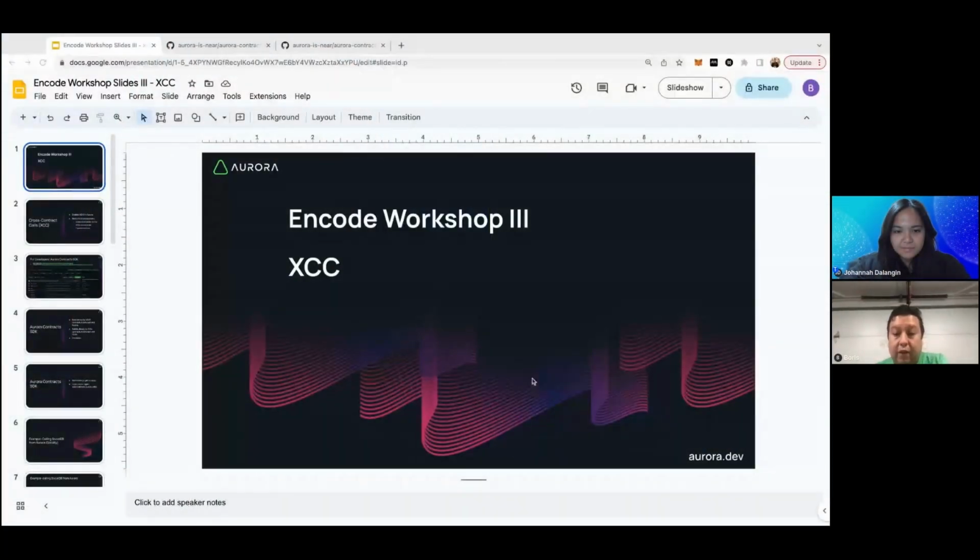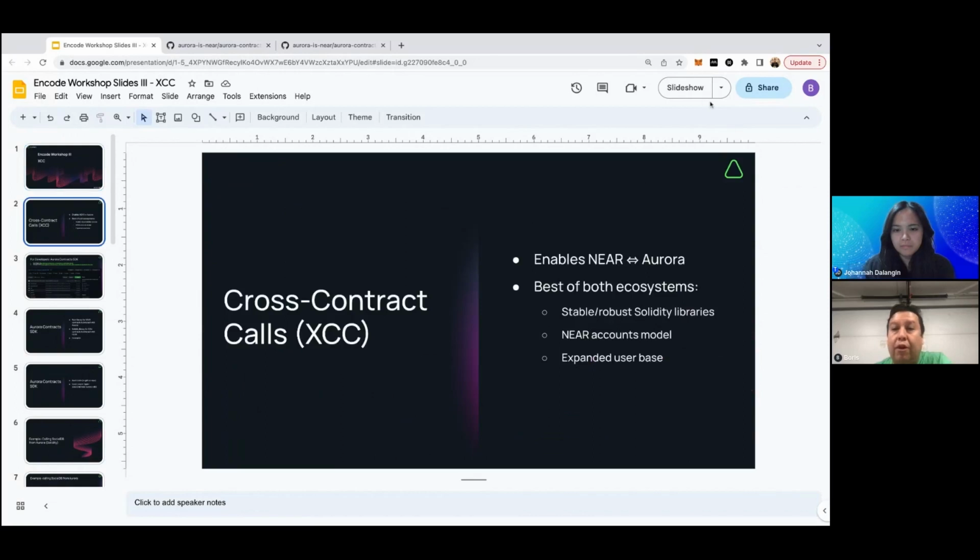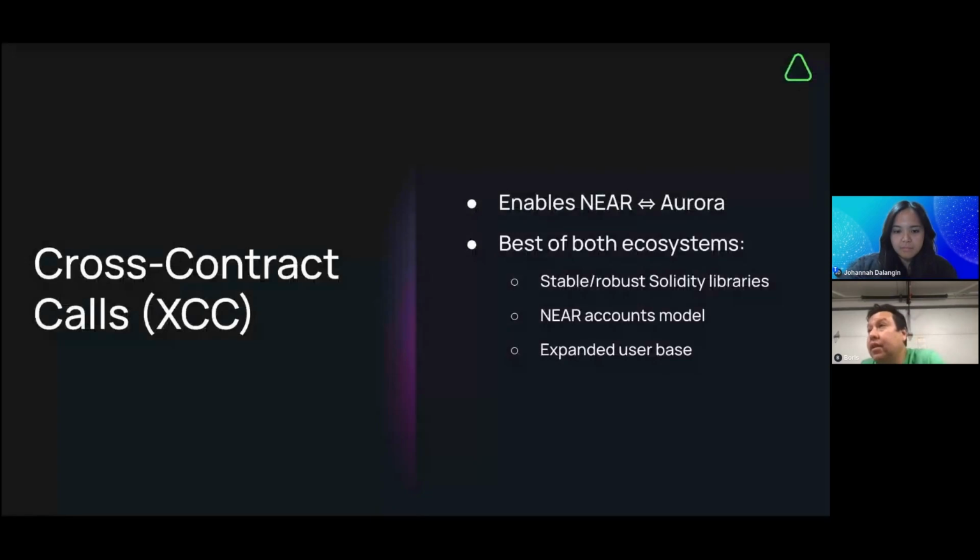First, I wanted to note what this is about: the cross chain transaction, the cross contract calls. It has to do with the nature of Aurora being a layer 2 on top of Near. If you have read about it or saw the first workshop, Aurora is just a smart contract in Near.